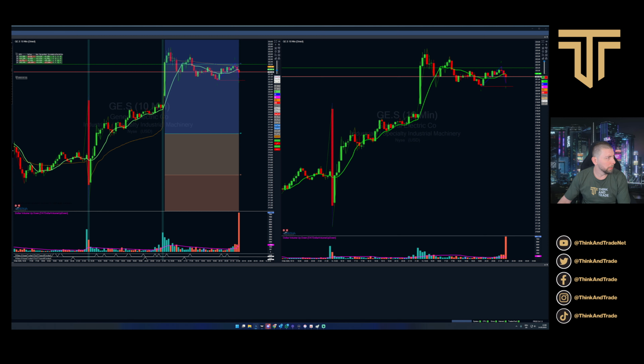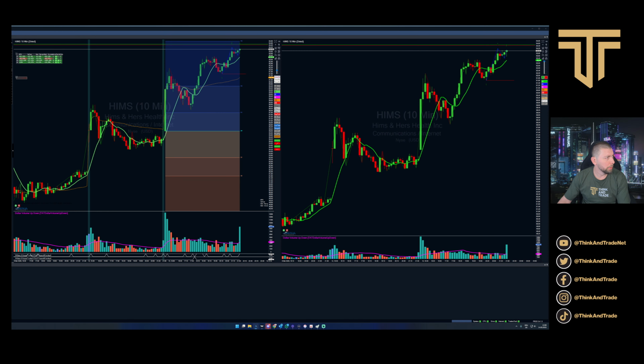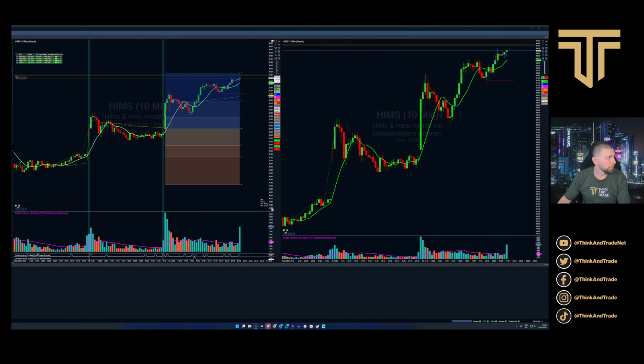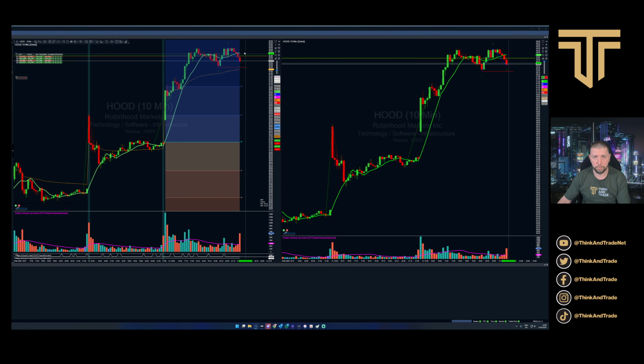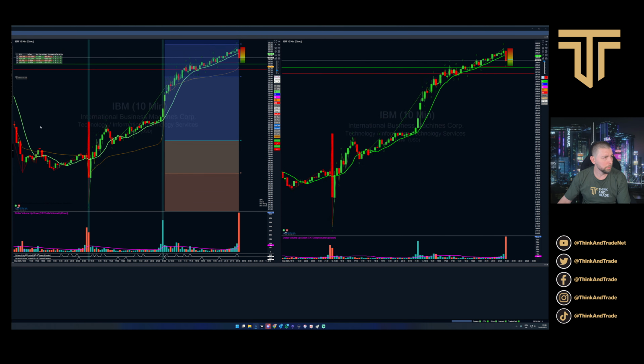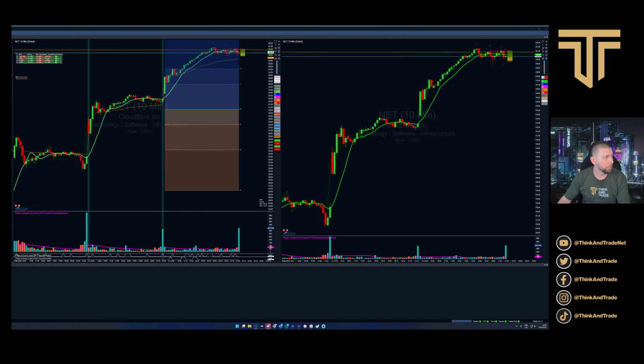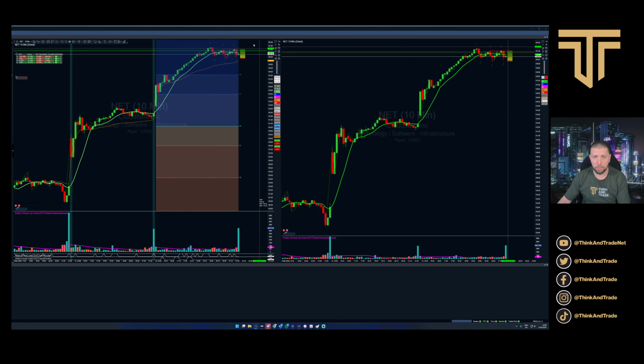I don't need this stock. This is also something I'm going to have a look at into the open, so I'm going to mark it. IBM, also a huge stock, huge spread, don't like it.